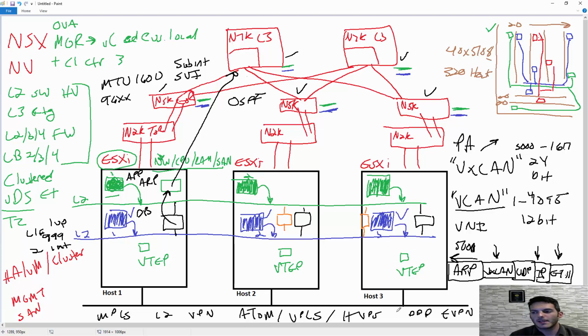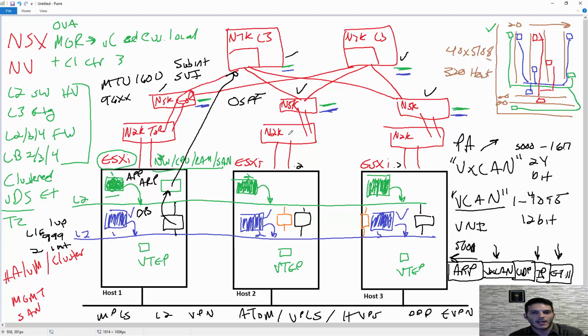It doesn't matter, because let's assume that host 2 and host 3 are physical routers, and they have a layer 2 circuit between the two that they connect to. And this guy here is .2, this guy over here is .3. If .2 wants to ping .3, as long as they're in the same subnet, they'll be able to talk to each other. And they'll be able to run a routing protocol between them. Because the service provider's network is just a bridge for host 2 and host 3, or in this case here, the physical underlay is just a forwarding mechanism for host 2 to talk to host 3.